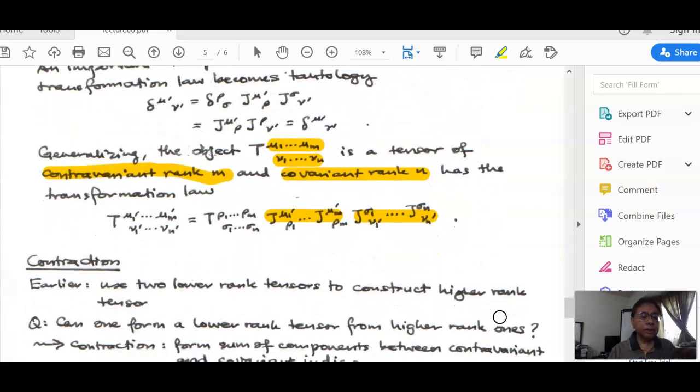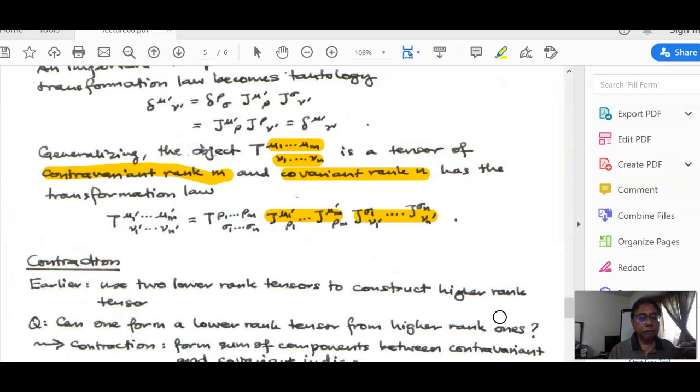Now we have seen how we do the tensor product. You're just making a combination of, for example, two vectors, and then you get a tensor of a higher order. A vector is just a tensor of rank 1, whether it's covariant rank 1 or contravariant rank 1.